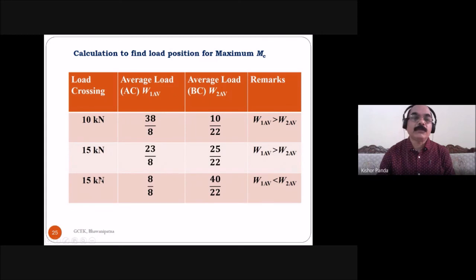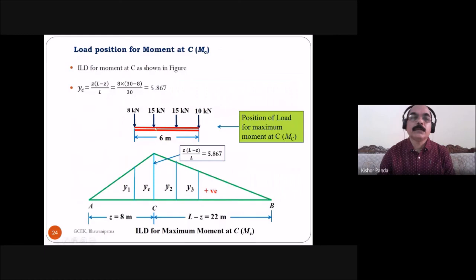You have to take the maximum bending moment when the third load is crossing the section C. Because earlier W1 AB was greater than W2 AB, but when the third load is crossing, W1 AB is less than W2 AB. In this situation you get the maximum bending moment at section C, when the third load is present at section C.